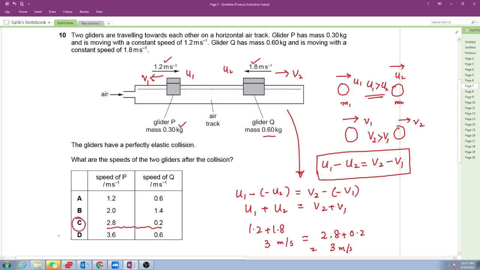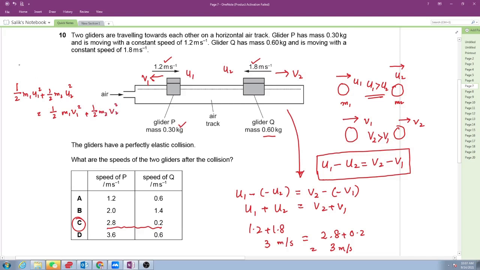This is method one. The second method is that you can use the kinetic energy before collision equal to the kinetic energy after collision: half m1 v1 squared plus half m2 v2 squared.